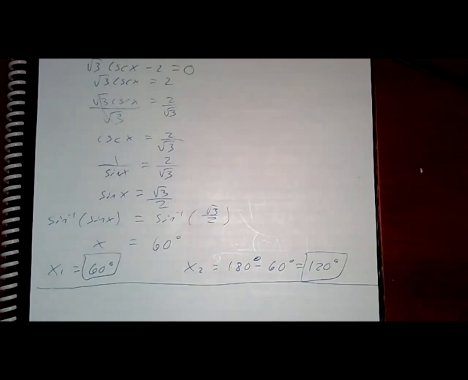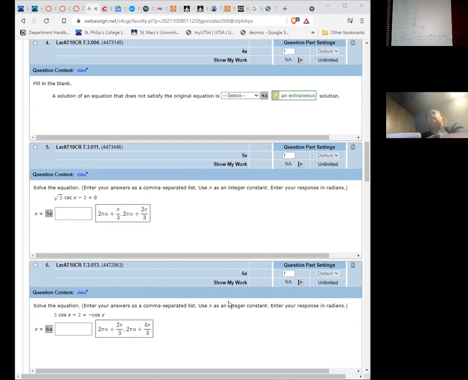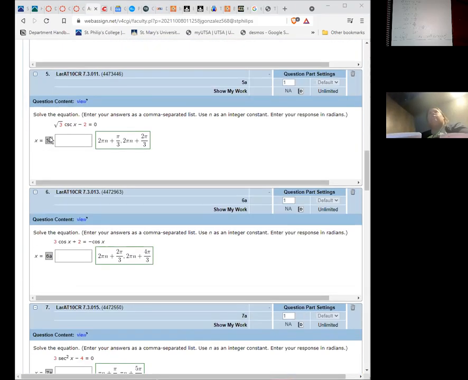Let's see. But let me show you the homework. I mean, the rest are all very similar, but I feel like we should do a couple more. So notice they answered this question we just did in general, meaning for all theta. We solved it for one period, which is what I asked for in the last example. So the homework examples are not telling you all theta or whatever.